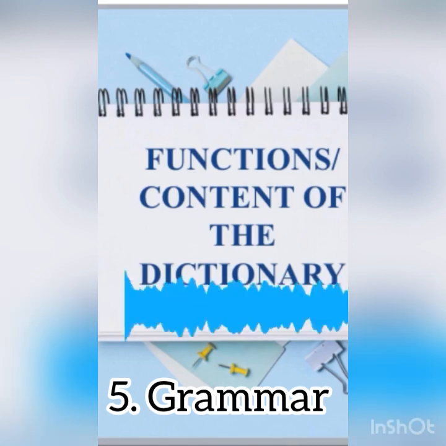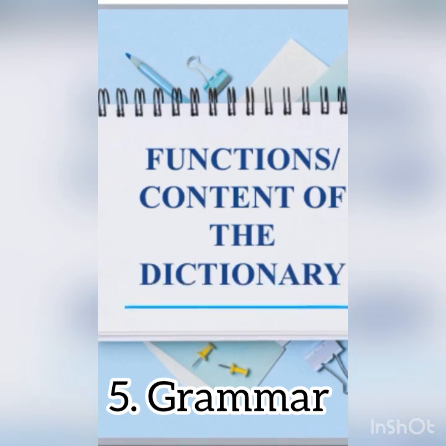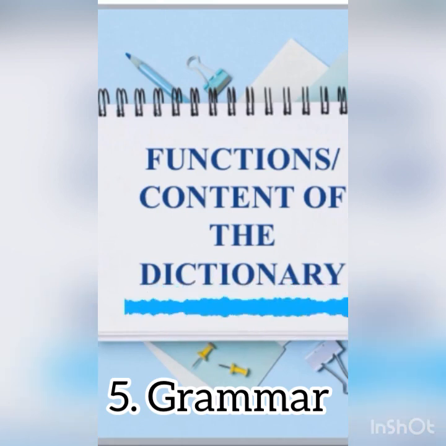They will tell you not just the meaning of the word, they will tell you not just the tense of the word. They will tell you the part of speech that the word belongs to. They will tell you the tense of the verb. They will tell you the plural marker of the verb. They will tell you all other grammatical information on words.